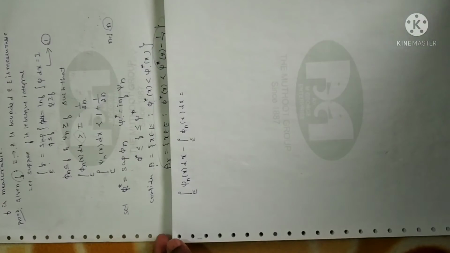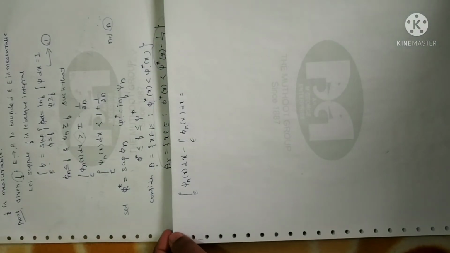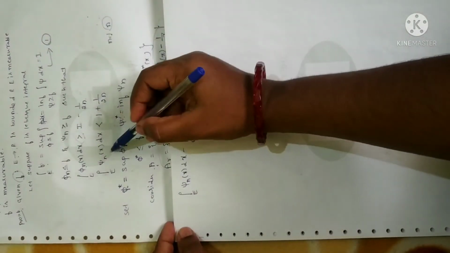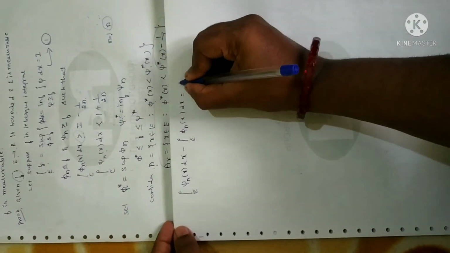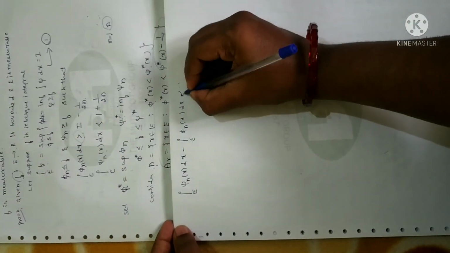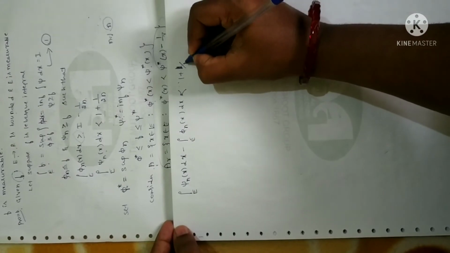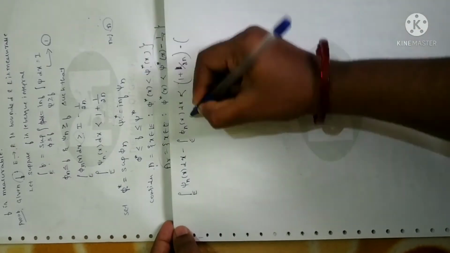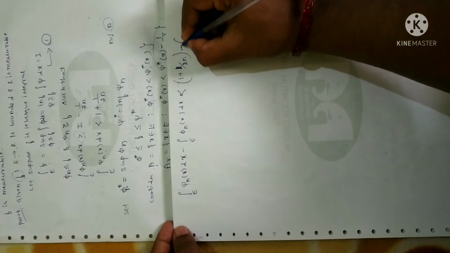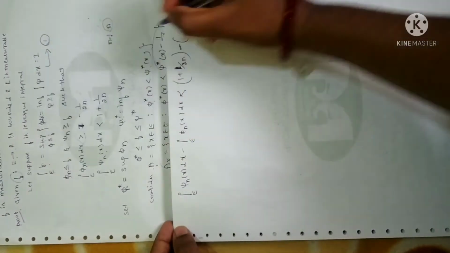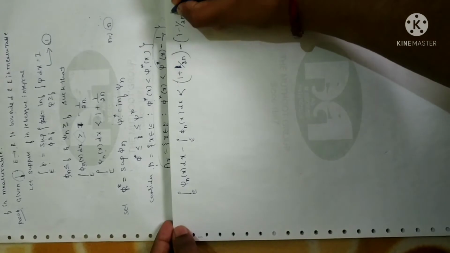Make sure all this calculation will not be there in the notes, so you have to go through the video for better understanding. Now I will simplify here. I can write this is less than 1 by 2n minus phi n, which is 1 minus 1 by 2n.